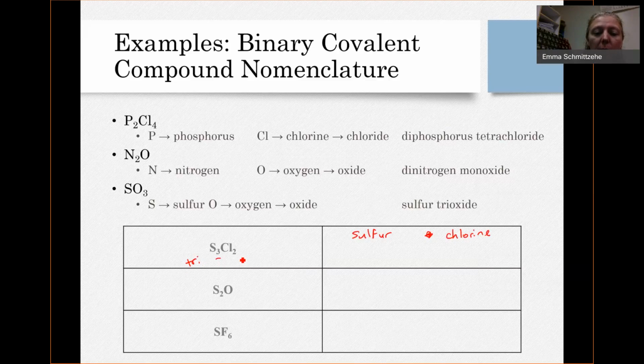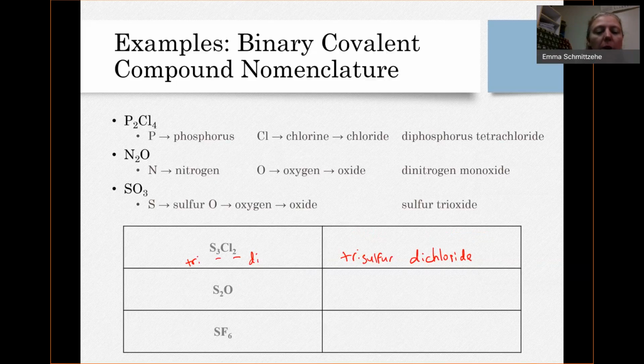And 2 is going to be di, and so I need to put that stuff together. And so then it would be trisulfur, and then dichloride, so not just chlorine, it would be dichloride.